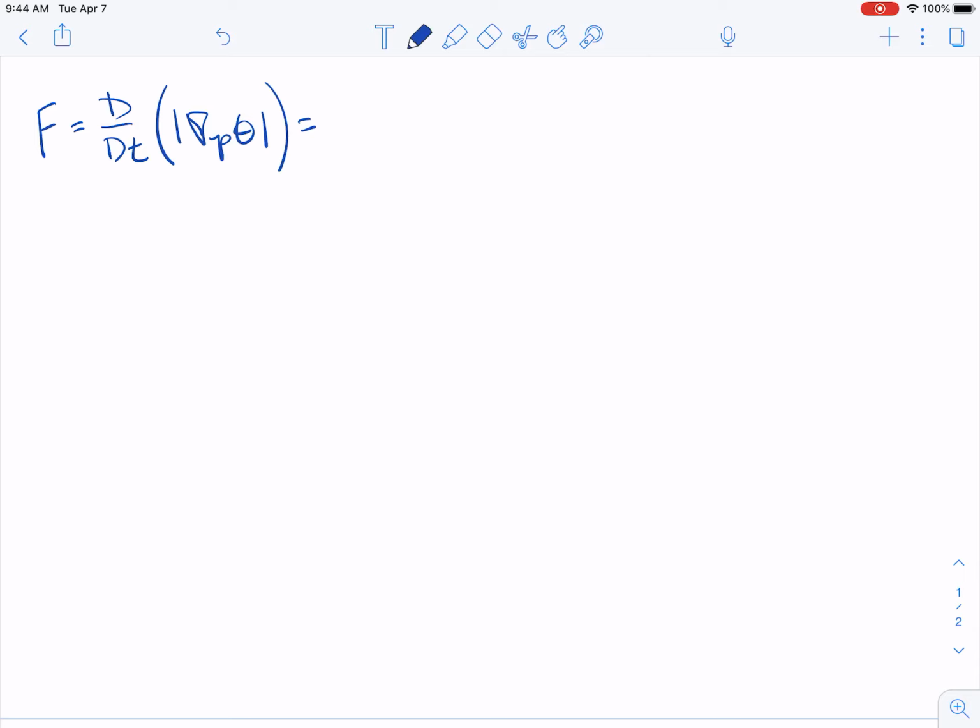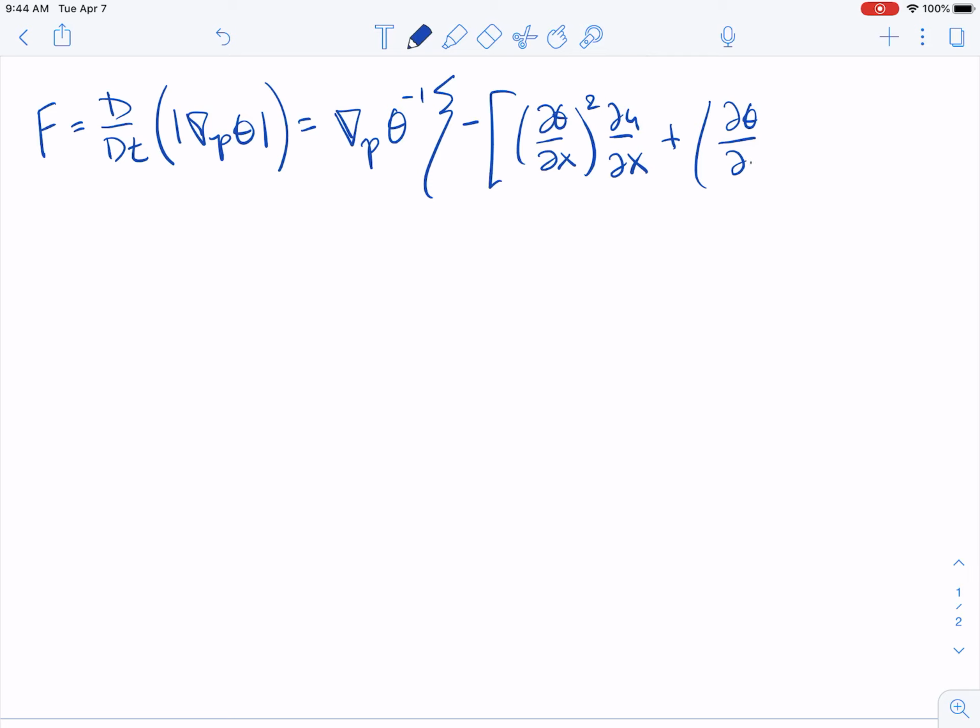And so to begin this equation, we have 1 over our gradient in theta, times then our quantity of our couple of equations. Our first term: minus the quantity, d theta dx squared, du dx, plus d theta dy squared dv dy. Term 1.